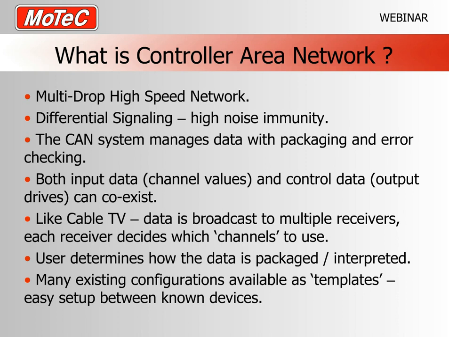So it's a broadcast system where multiple devices can transmit and multiple devices can receive. As I said, we don't specify in the broader CAN specification how data is used. CAN merely is a packaging system that takes your data from you at one end, delivers it to another device at another end.